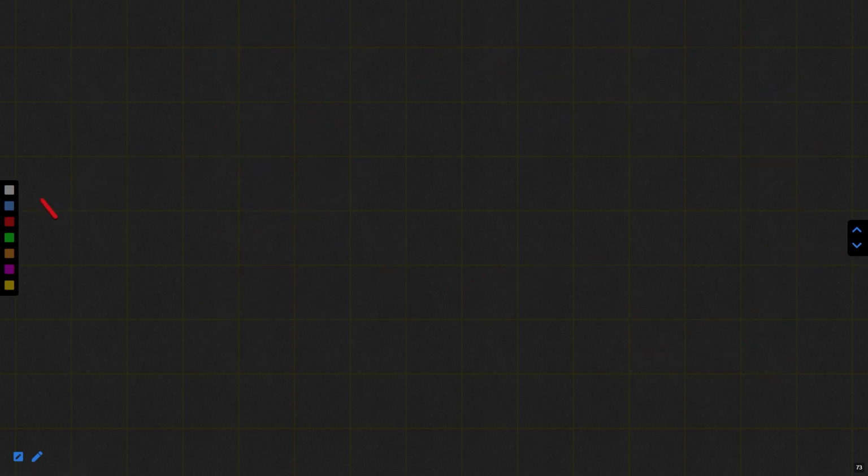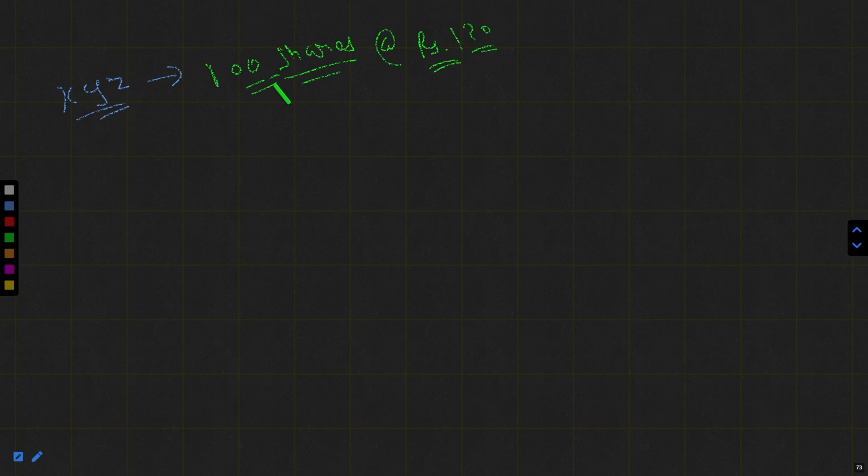Similarly, if we take another example, suppose the XYZ share is available at 100 shares at rupees 120. Okay, that was a picture.